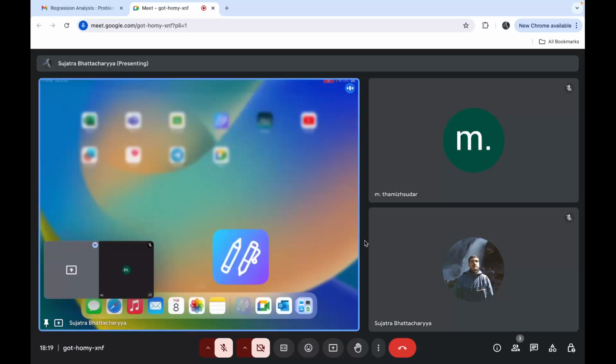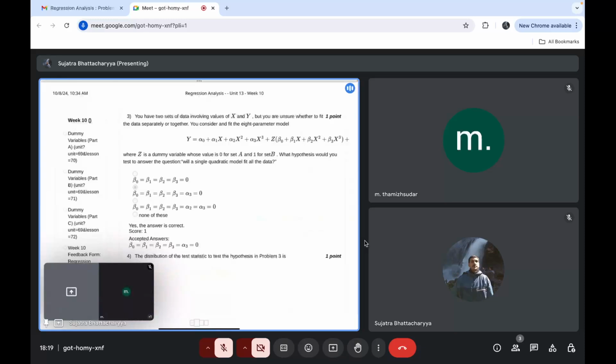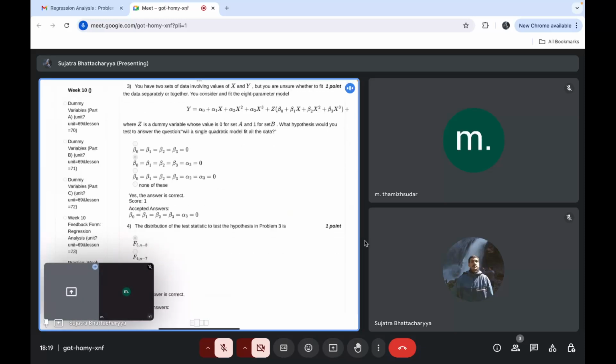So let's come to the question again. Okay. So for the first test, with a single quadratic model, how to test? So you can see that beta naught is equal to beta 1 is equal to beta 2 is equal to beta 3 is equal to alpha 3 is equal to 0. This is the null hypothesis. Perfect.